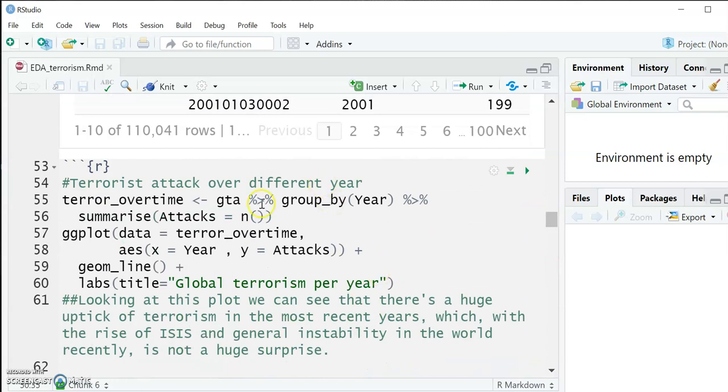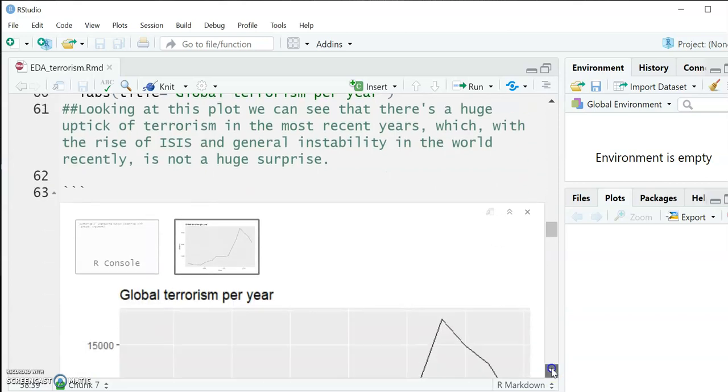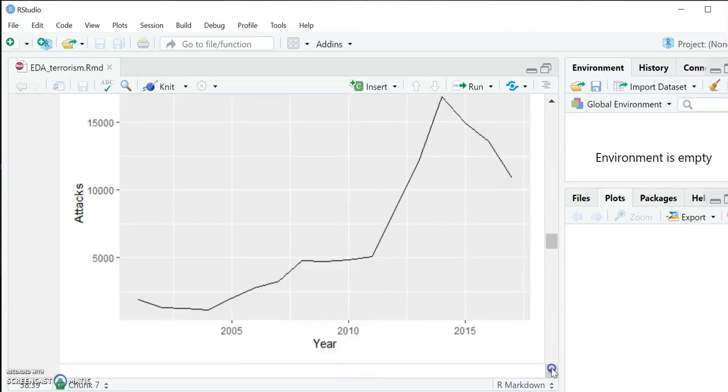So terror over time is a variable which I've created. I've stored it by grouping by year, and I've summarized it. So here we can see the terrorist attacks over a period from 2000 to 2016 from the data set.